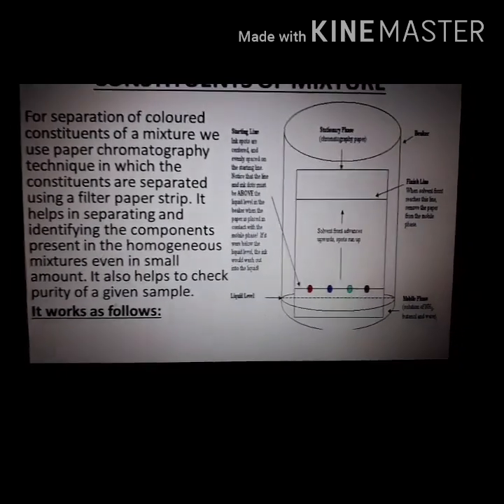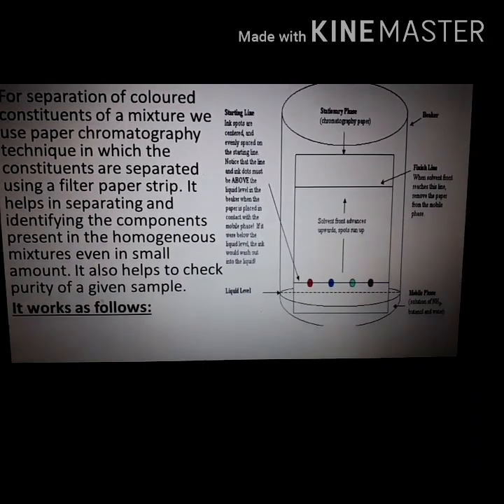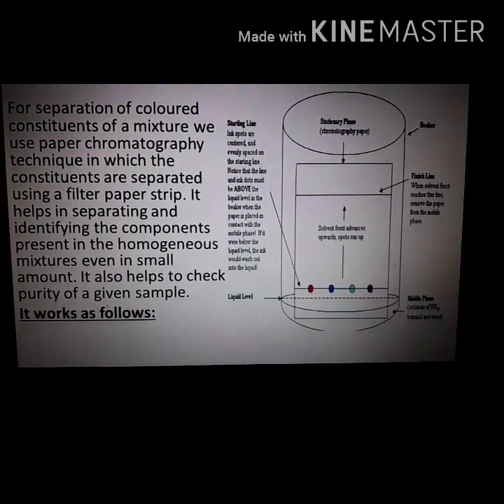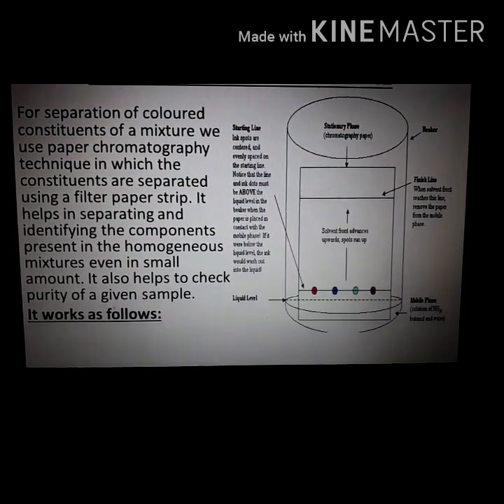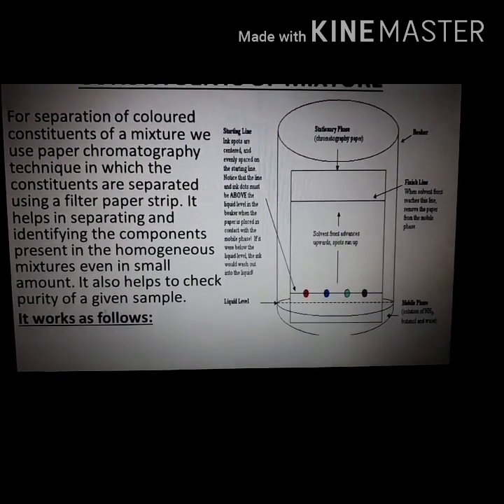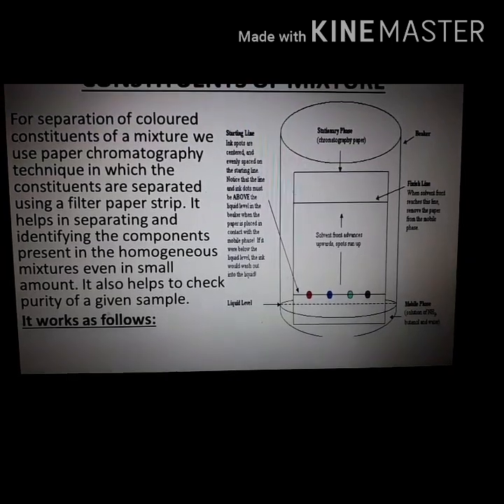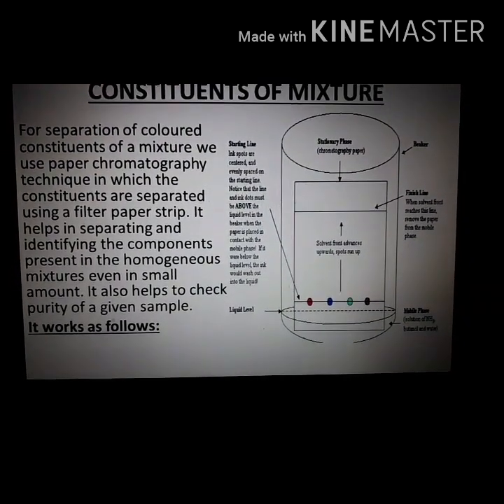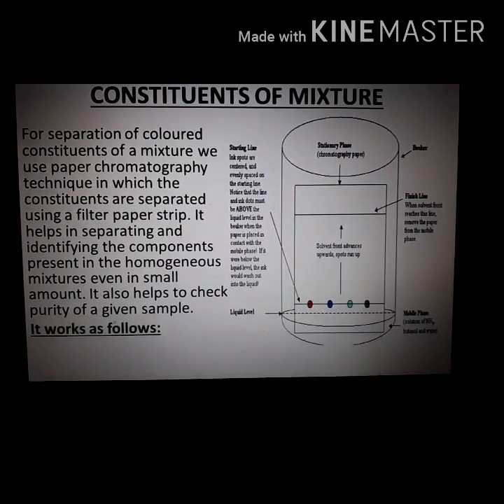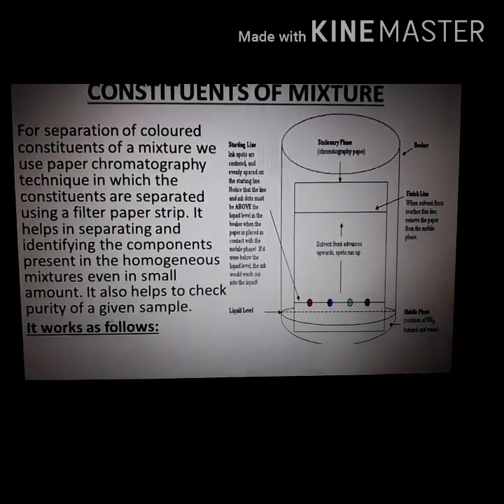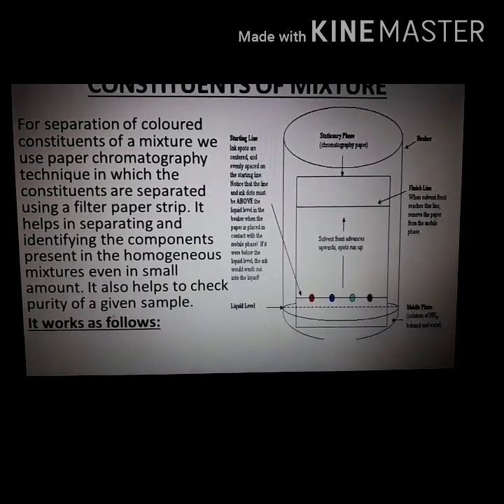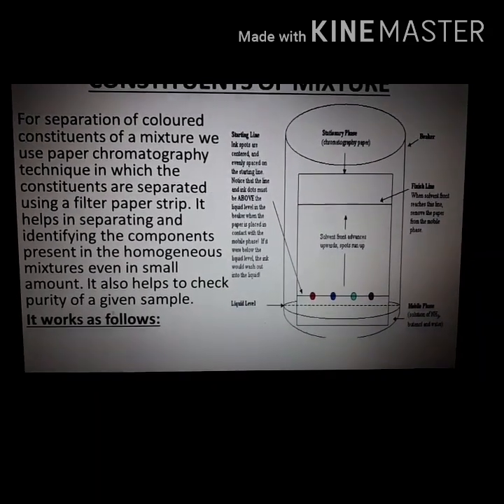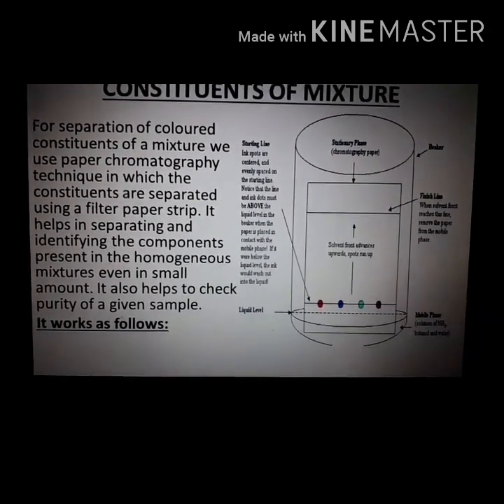You will see in the diagram that a line is drawn on which an ink spot is made. When it is placed in the beaker, the water level just below the ink spot makes the constituents present in the ink rise upwards. It also helps us check the purity of a given sample.